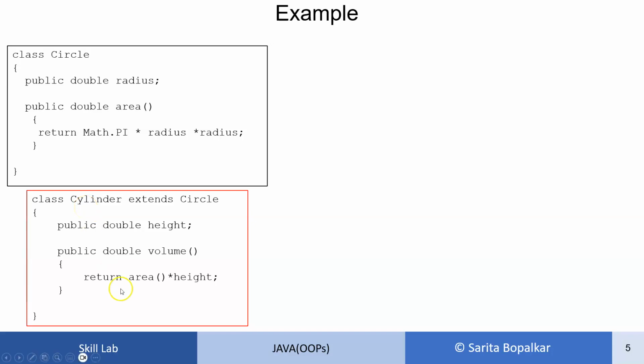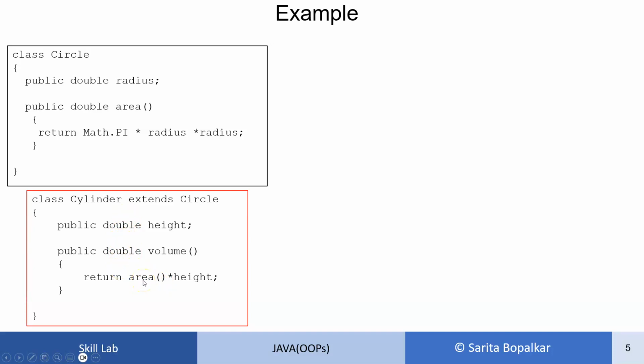In the Cylinder class, we want to find the volume. So we'll need the property height, because radius we are taking from Circle, and area also we are taking from the class Circle. So here we will require only height, and a public double volume method. Here it will return area into height. You can see here the area method is not defined in this class.